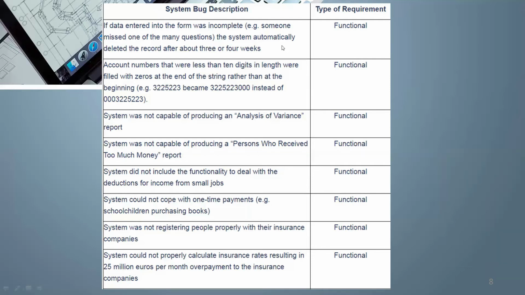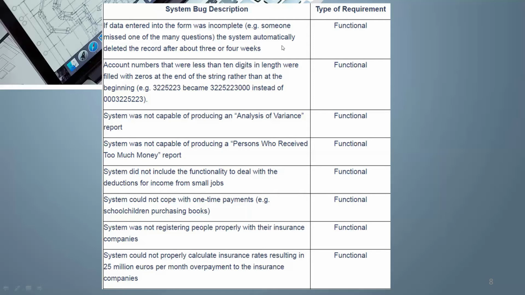The system did not have that feature. So again, functional problem. Next one: the system did not include functionality to deal with deduction for income from small jobs. That place itself was not there. You could not do that in the system. Another functional problem, feature was not there.